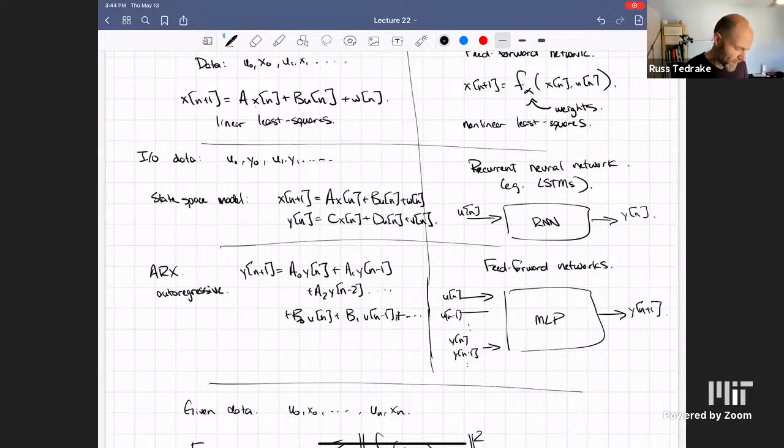If I have a finite history of y's, then you can really just take my y's and my u's and stack them up in a vector and say, oh, that's my state vector x, right? And then you could write it in the state space model form. So of course, there's a mapping back and forth between them. But in practice, there's a difference between trying to find some minimal realization of x versus just throwing the whole kitchen sink of last observations in.